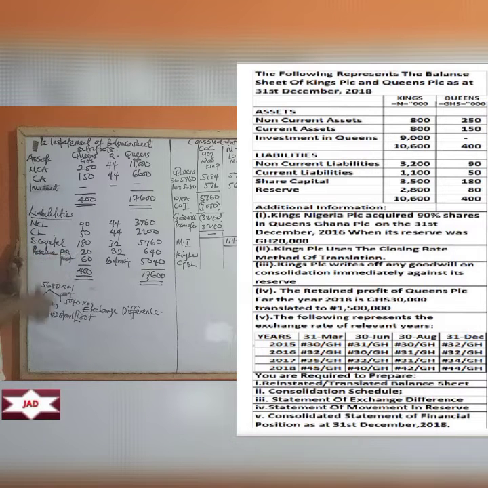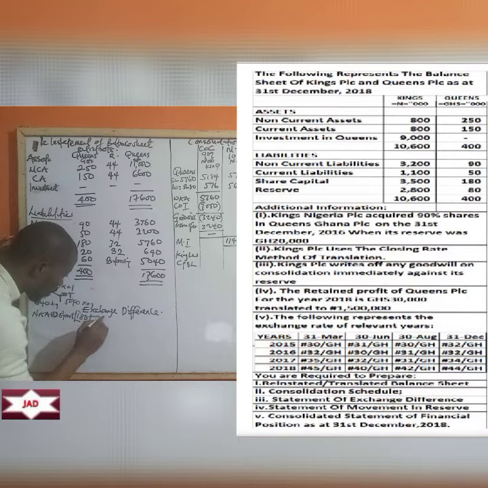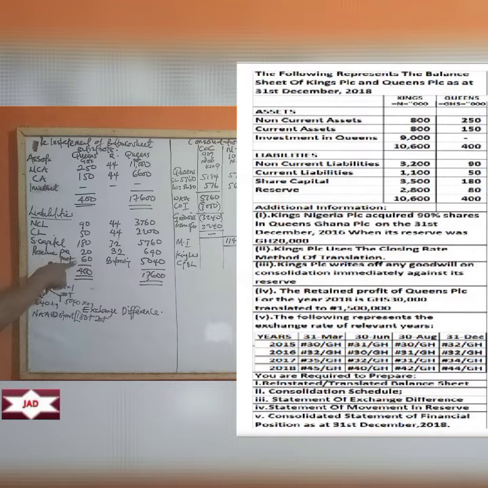Of course, this 60 is post-acquisition. So what is the retained profit for 2018? We're not looking for the end of 2018, we're looking for the beginning, so we need the retained profit for 2018 to help us get the beginning.